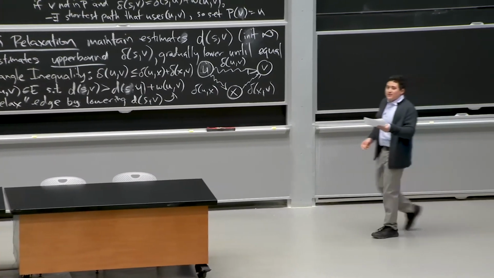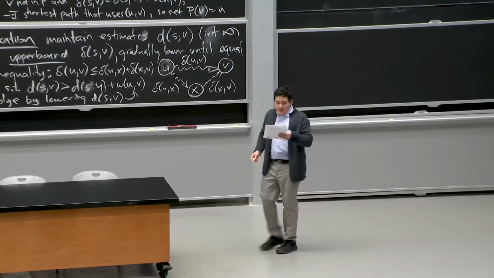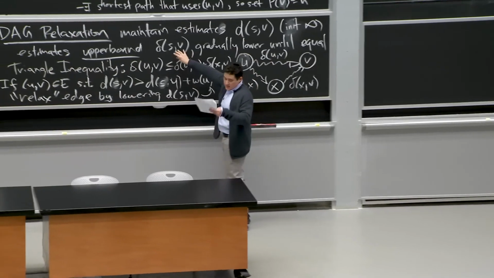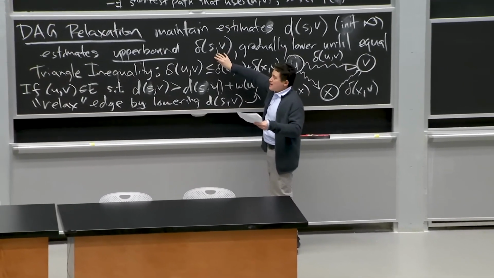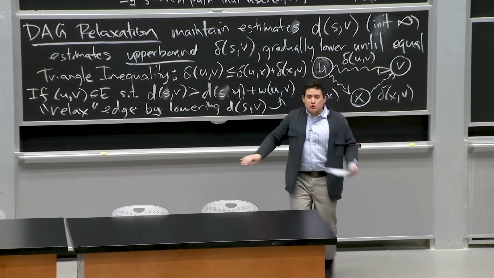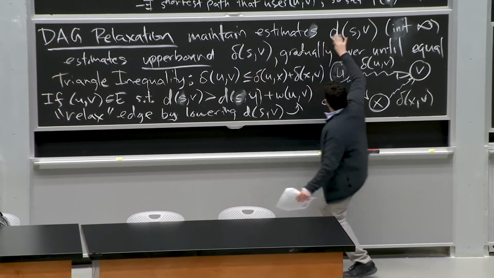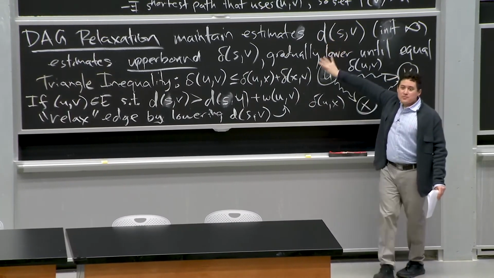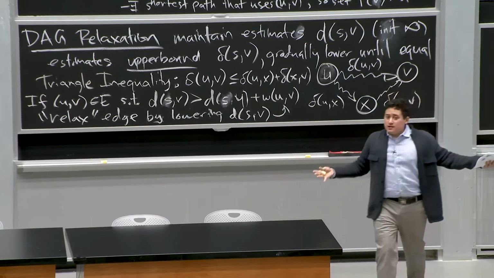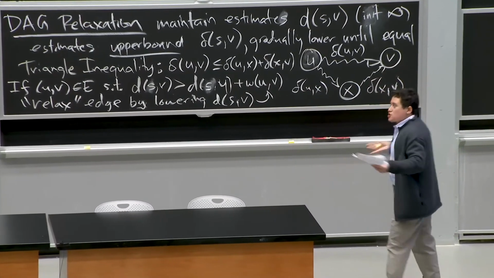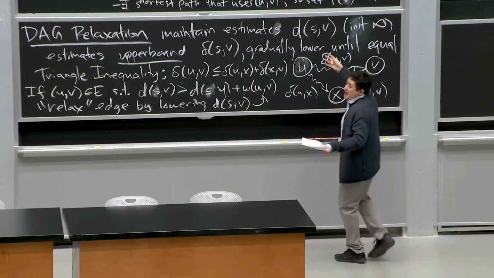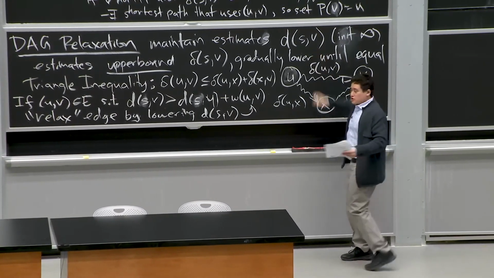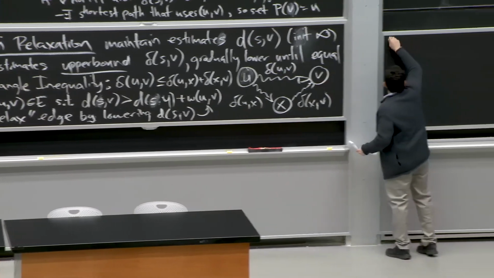What do I mean by relaxation is safe? It means that as I am computing these shortest path distances, I'm going to maintain this property that each one of these estimates here has the property that it's either infinite or it is the weight of some path to v, okay? So that's why relaxation is safe.